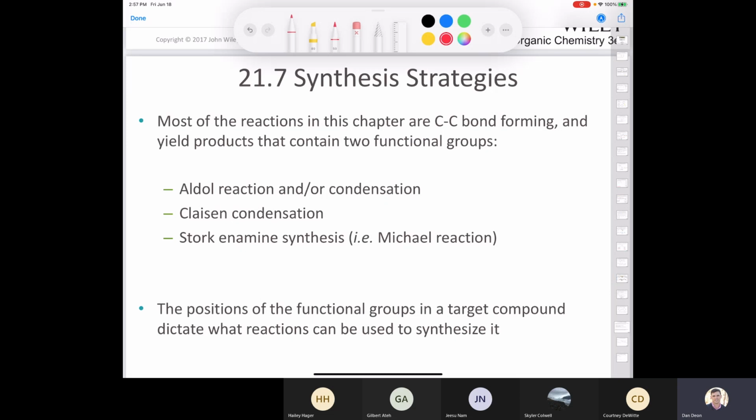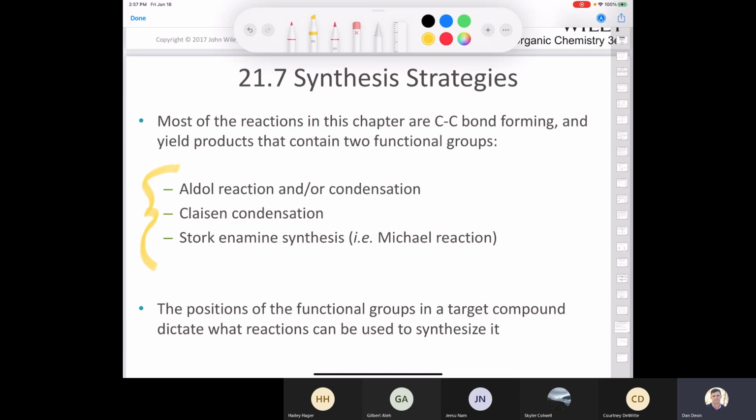And so some of the main reactions that we learn in this chapter are things like aldol reactions, like aldol additions and aldol condensations, Claisen condensations, that's where we make a beta keto ester, and then the Stork enamine synthesis, which is a type of Michael reaction. So Michael reactions or 1,4 additions. These are all important reactions that we've learned.